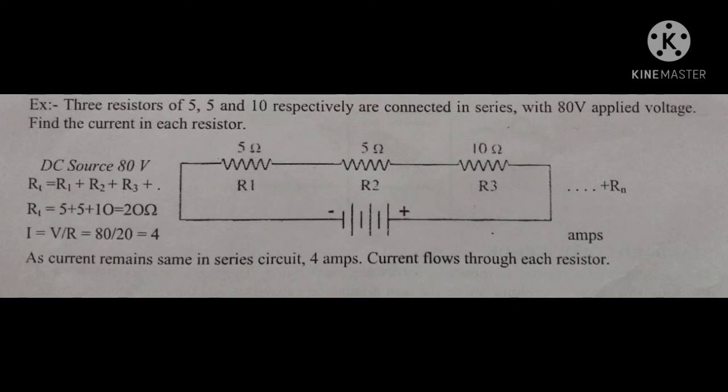And for finding the current in each resistor, we will use Ohm's law, that is I equals V by R. That will be 80 by 20 and the answer will be 4. So the current remains the same in the series circuit, that is 4 amperes. Current flowing through each resistor is 4 amperes. So we can understand resistors in series by this example.